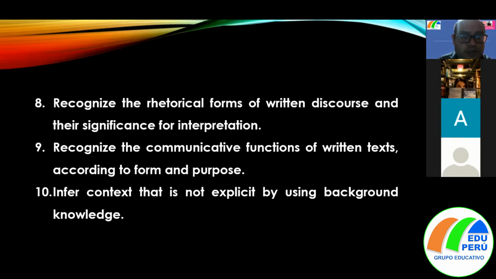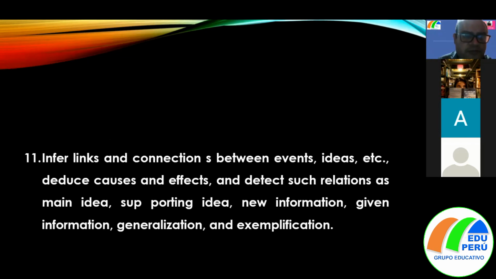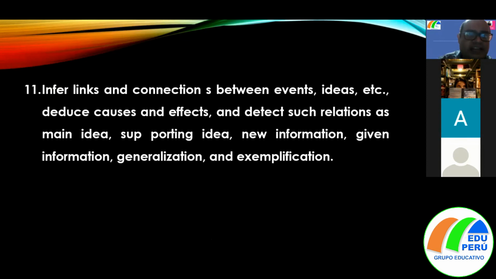Notice the previous one is related to something that is not explicit. Remember, using what? Their schemata, background knowledge. And the other inferring is the link and connection between the ideas, the events. They need to deduce causes and effects.